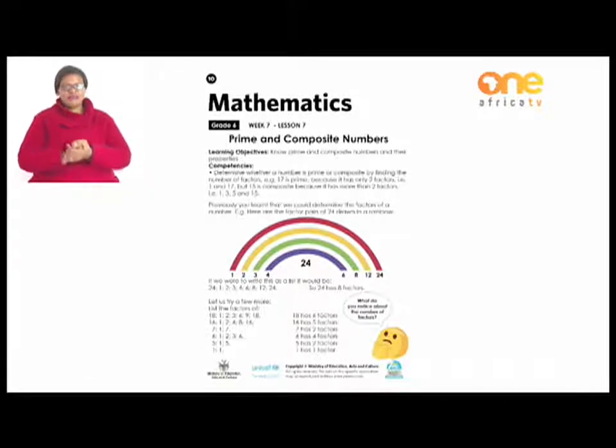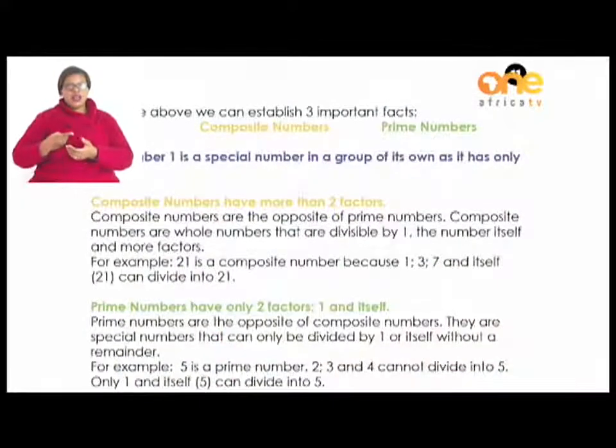Now, if we go to the next page, which is page 11, it says, from the above, we can establish 3 important facts. First of all, let's talk about the number 1.